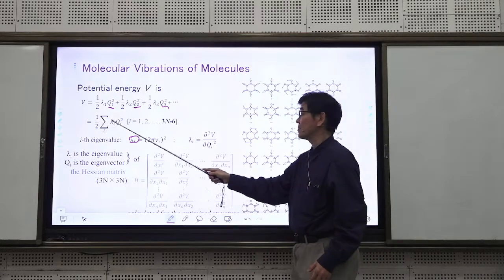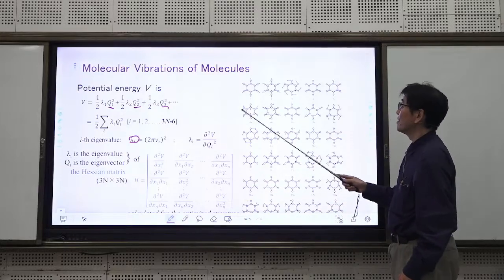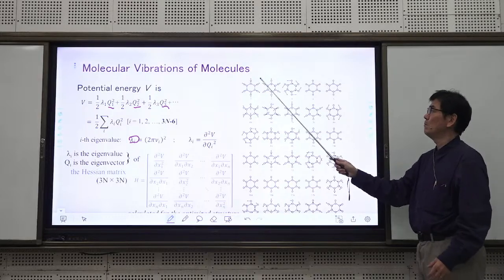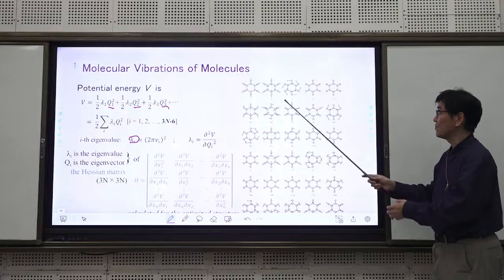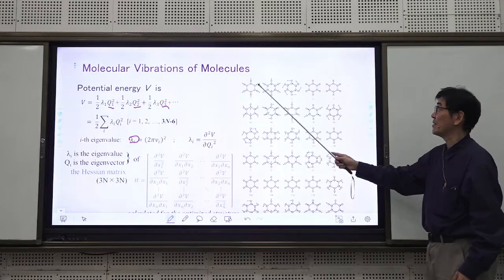So the general expression is something like this. Even in the case of benzene, we can separate molecular vibration into 30 groups.